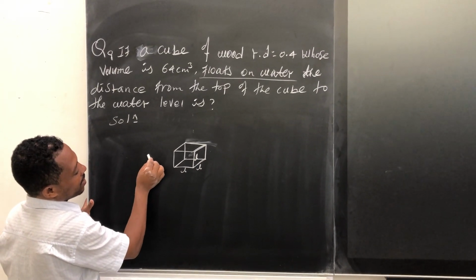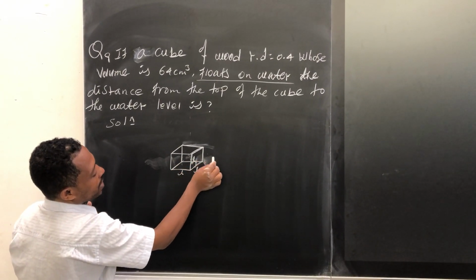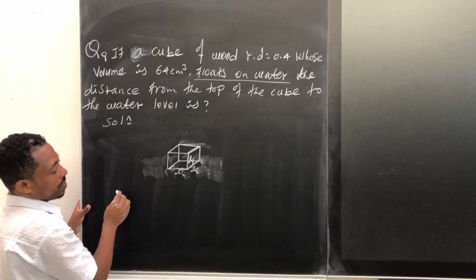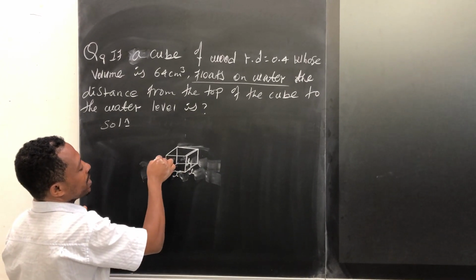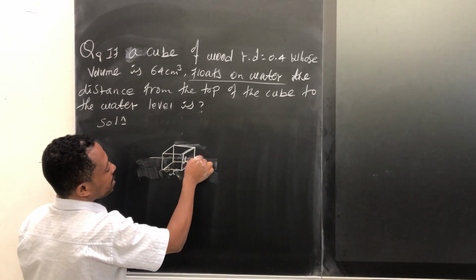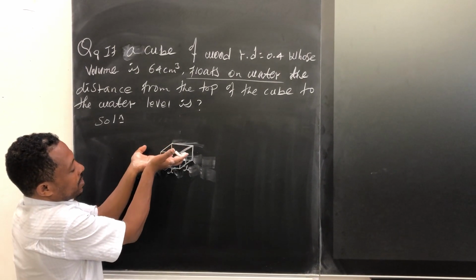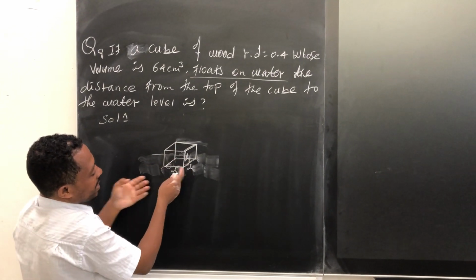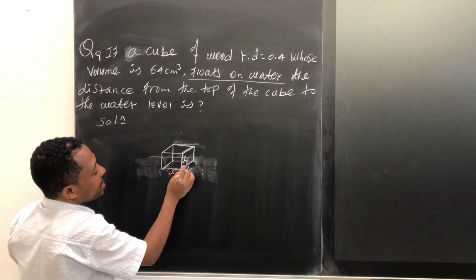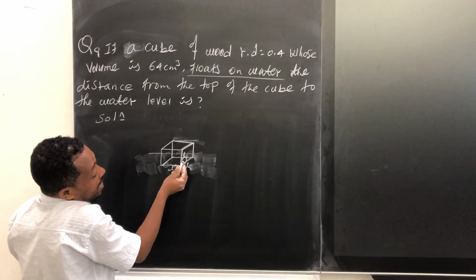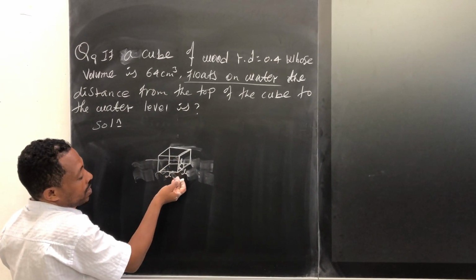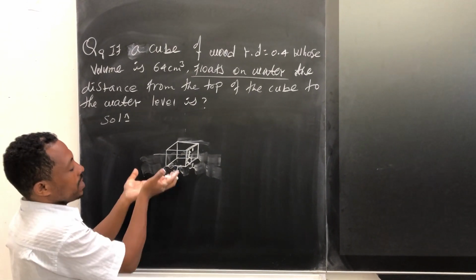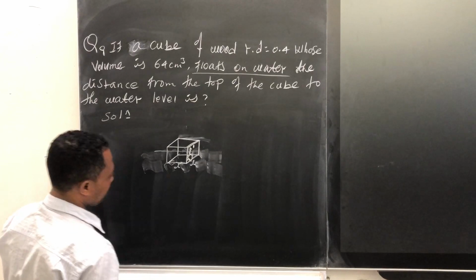And then if some part of the cube is submerged within the water, we are requested to find the height of the part which is never submerged. Let the submerged height be h, and let h prime be the height above the water surface.